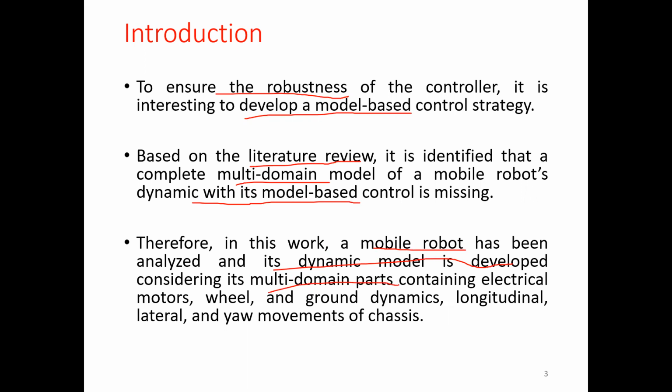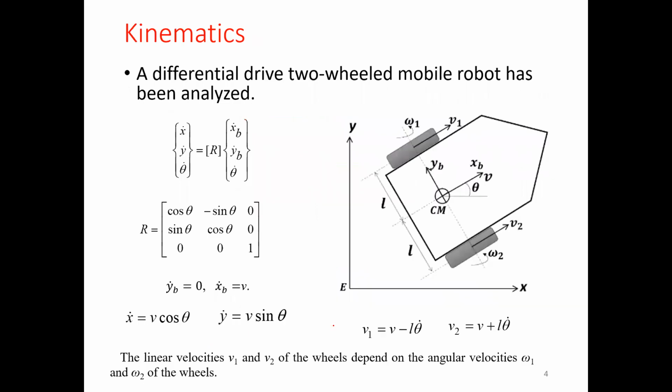Here, multi-domain means we deal with multi-physics like electrical, motor, wheel and ground contact dynamics, and longitudinal, lateral and yaw movement of the chassis. So it is an electrical as well as mechanical system, and we need a multi-domain model of the system.